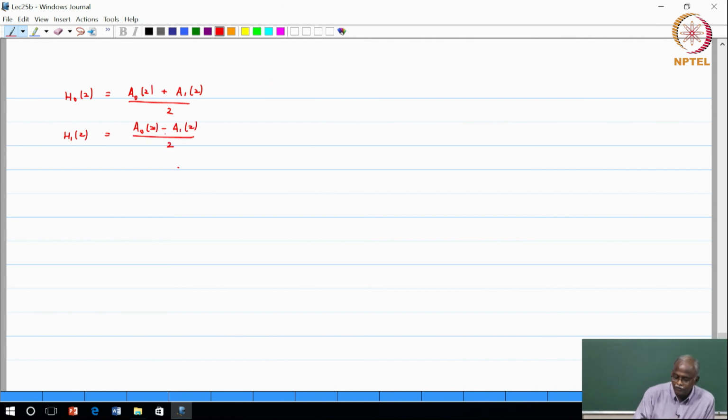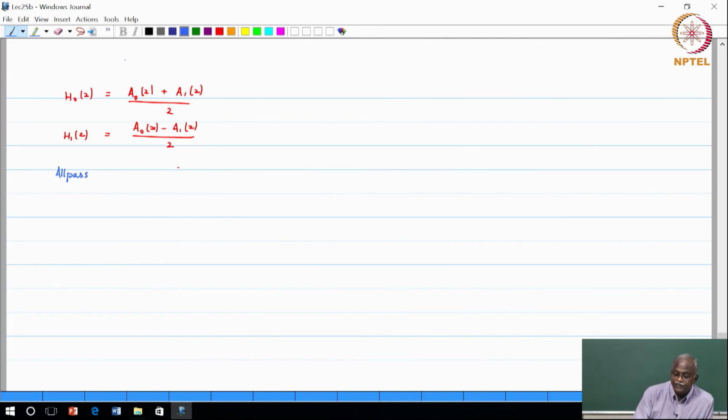Again, this is why we even studied the all pass functions, because of the relationships that exist between them. So if we can write it in this form, then we are able to get a lot of results that come from there, which we will refer to as the all pass decomposition theorem.